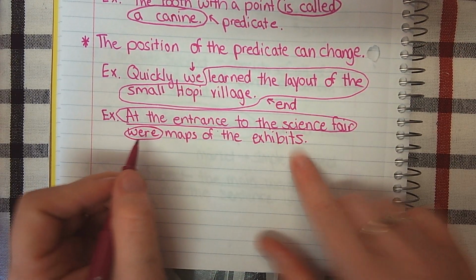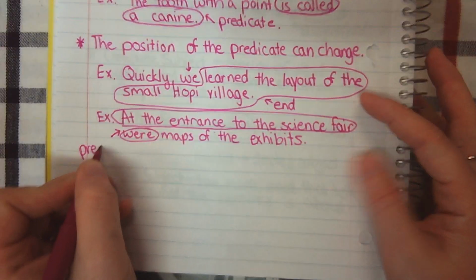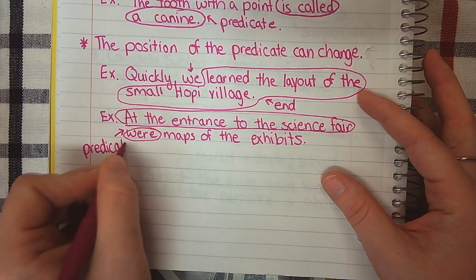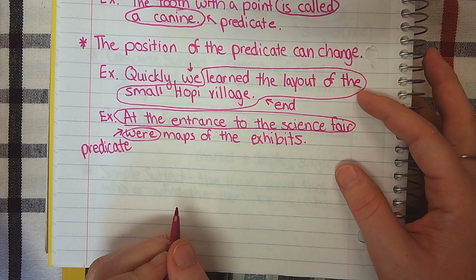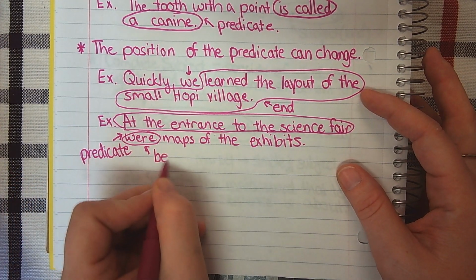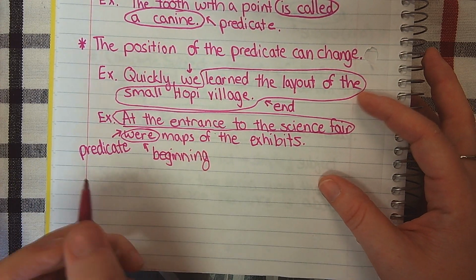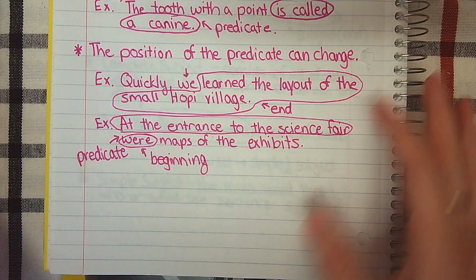So here we have the predicate. And notice here it is also at the beginning of the sentence, whereas our last example, it was located at the end of the sentence.